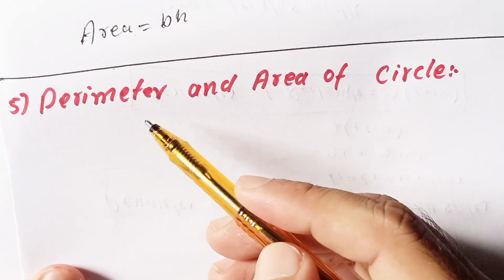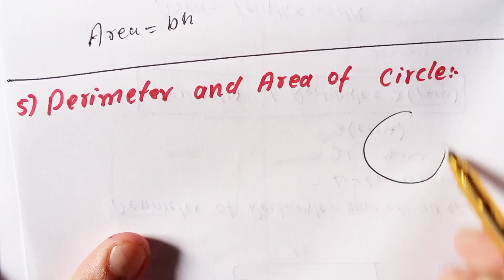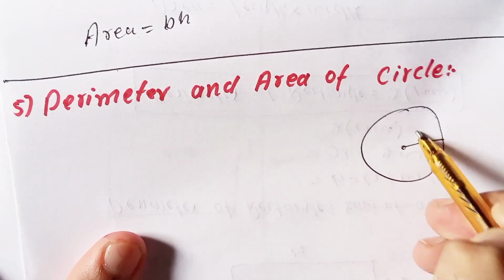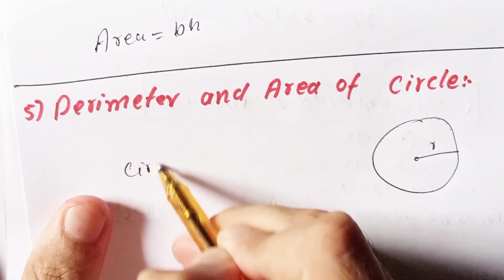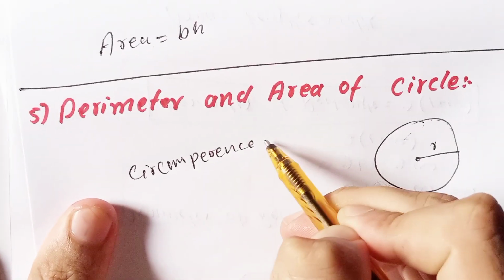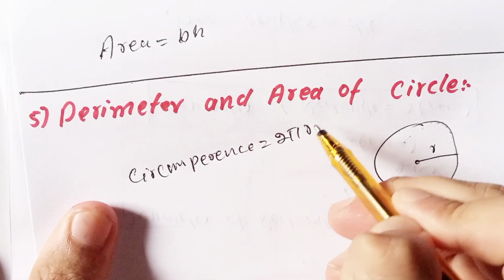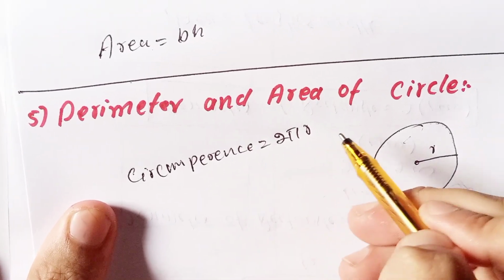Now we are going to calculate the formula for the perimeter and area of circle. Let's suppose we have a circle of radius r, right? So the circumference of the circle is equal to 2 pi r, which is equal to the perimeter of the circle.